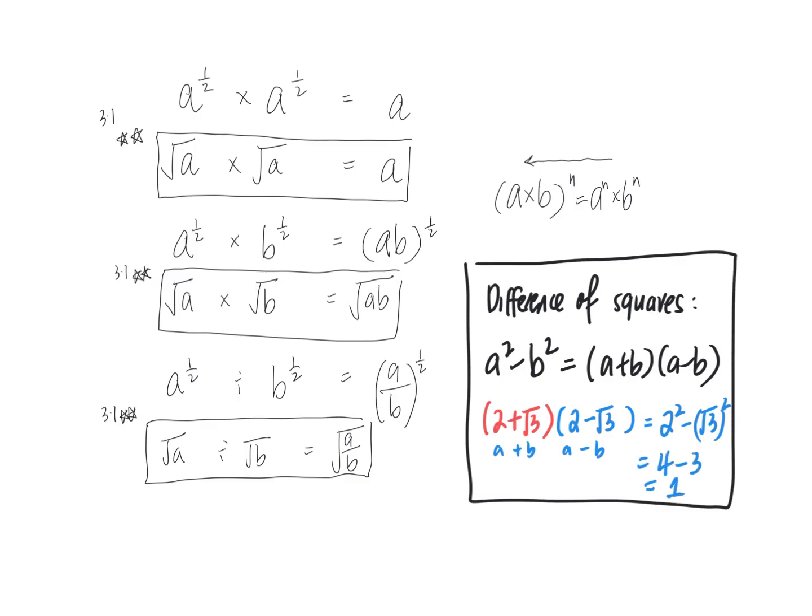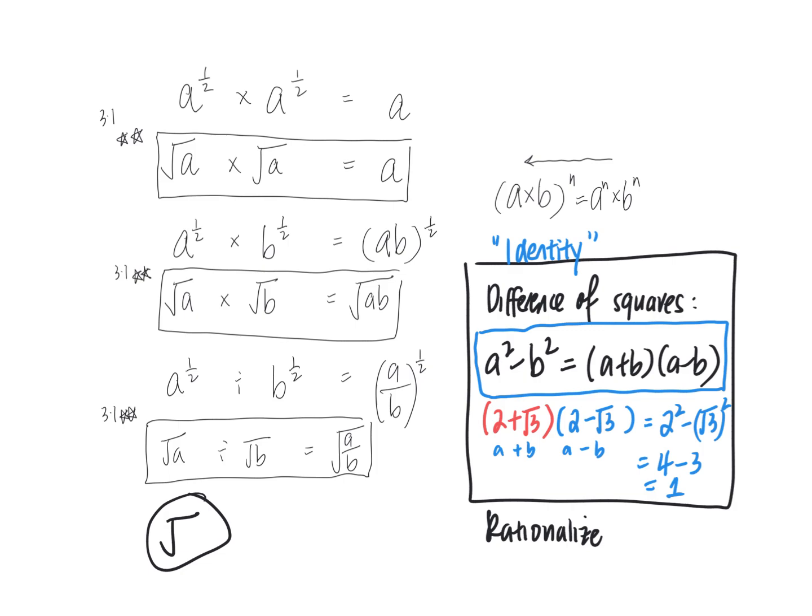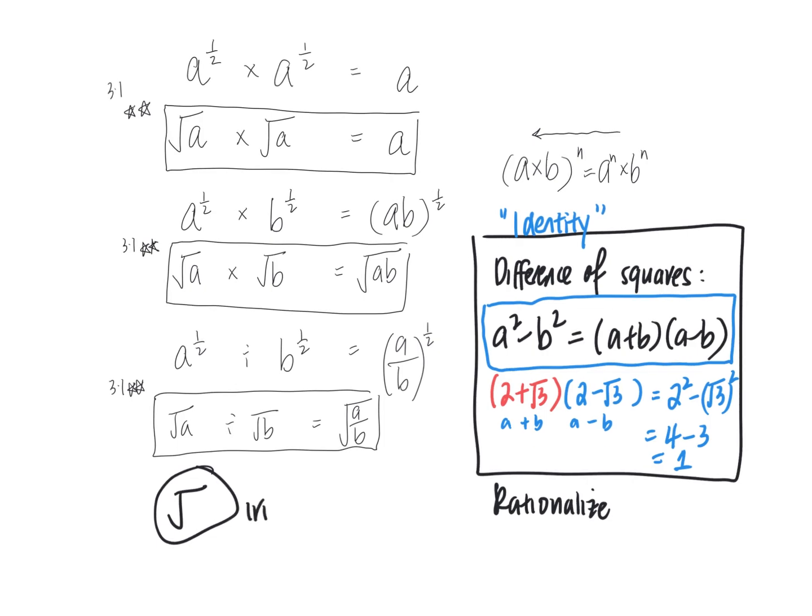Can you see that? So this is the most important property, or rather identity, that we will use in surds. So whenever we want to get rid of square root, they use this word called rationalize. You want to make it into a rational number. Most numbers with a square root that cannot be simplified are irrational.